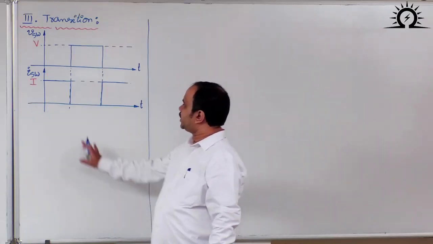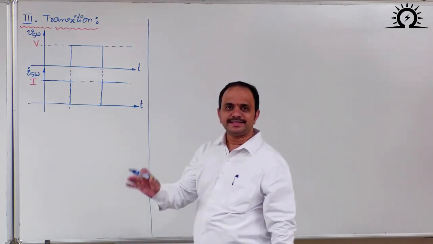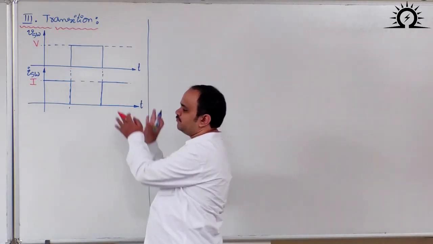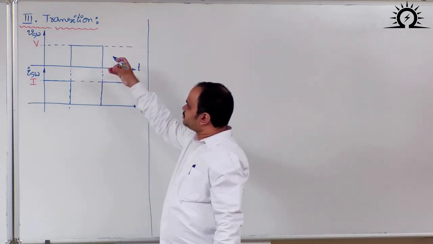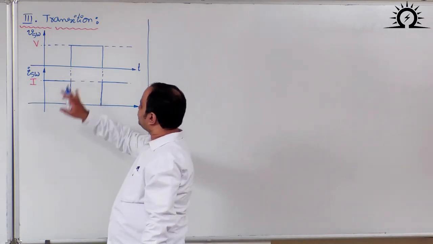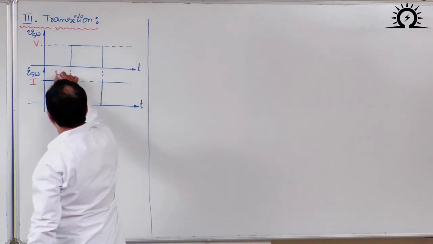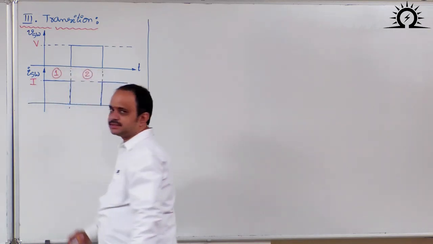Now let us look into the third property of the switch. In order to understand this, I have put the previous conclusions in a waveform. Follow carefully. This will explain the transition. We'll see what we mean by transition. Now from this waveform, can you tell me what state the first interval represents?